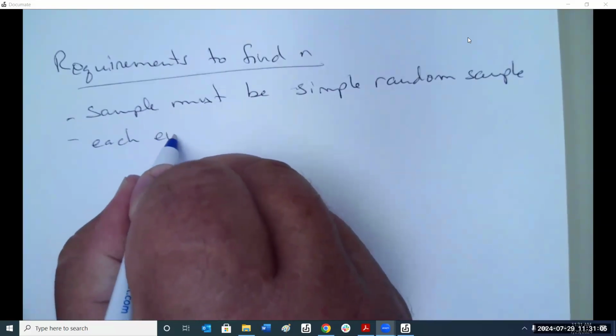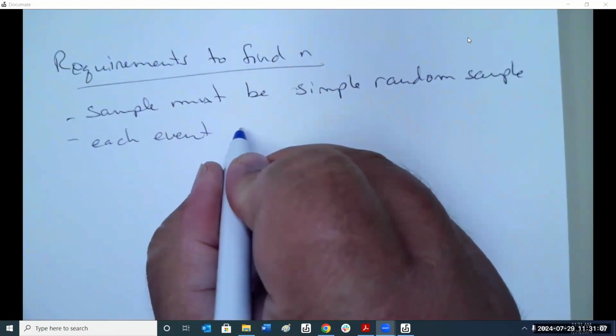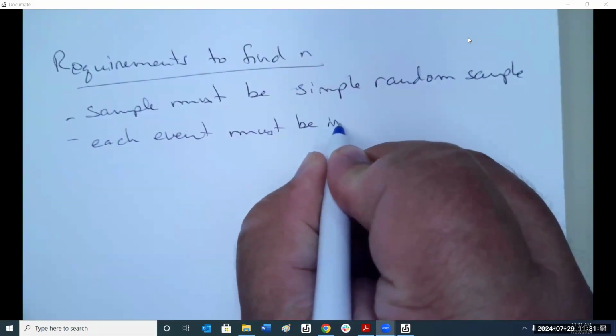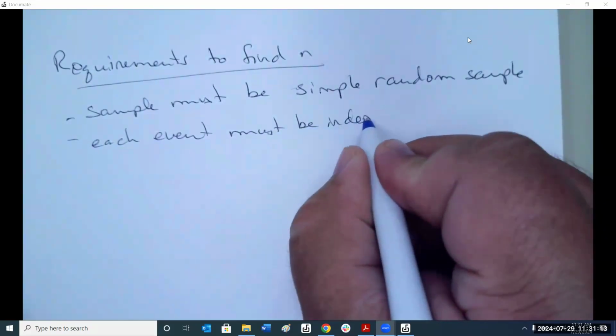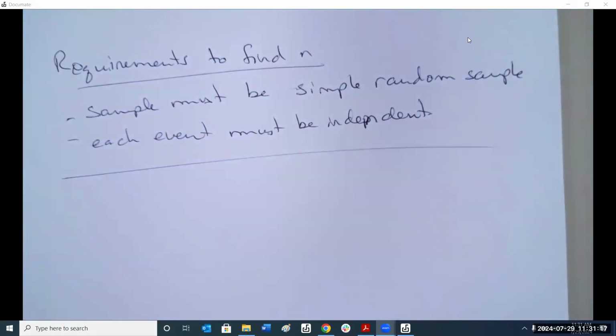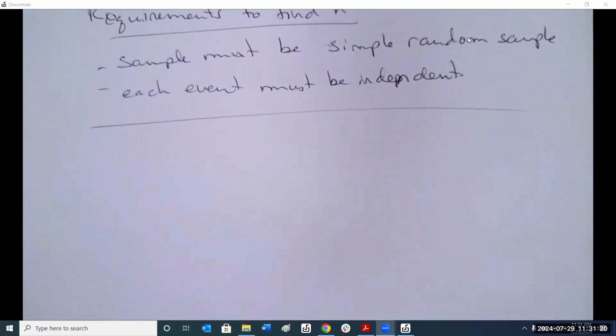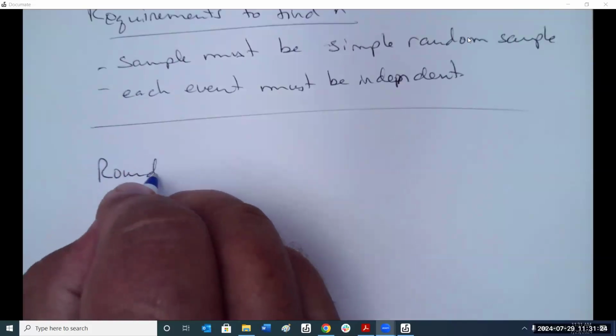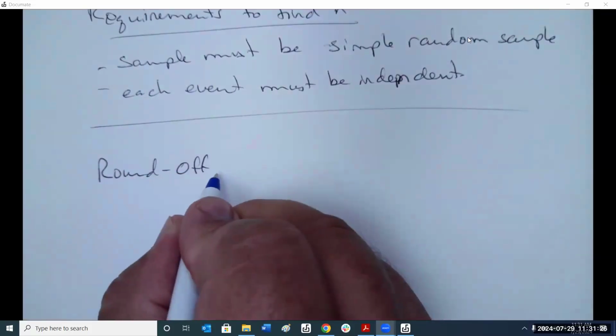Each event must be independent. Which is what we said earlier also.